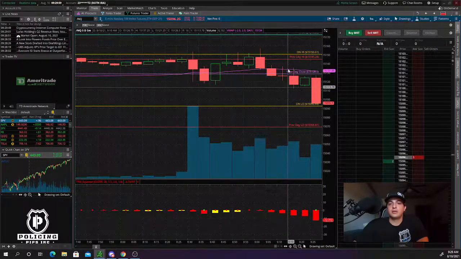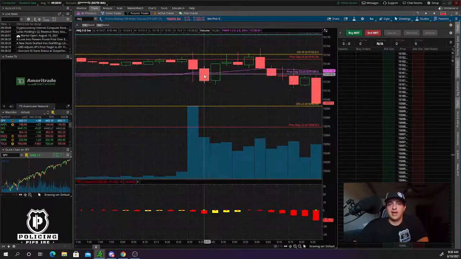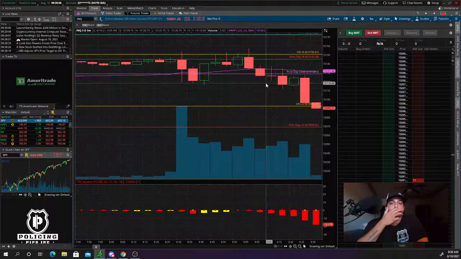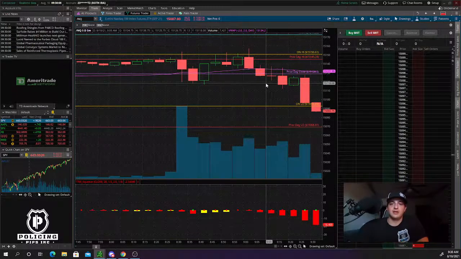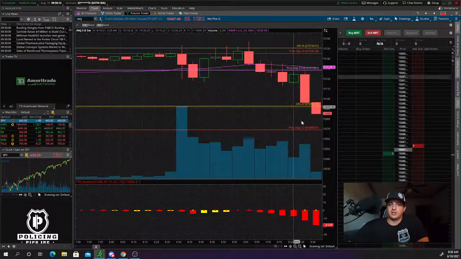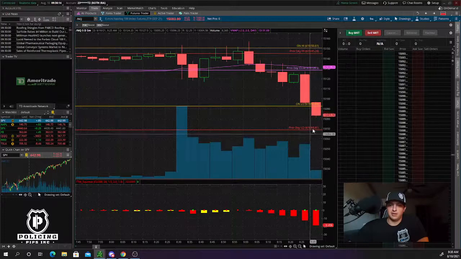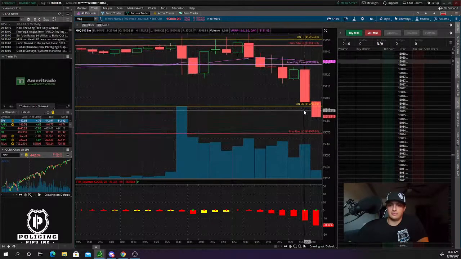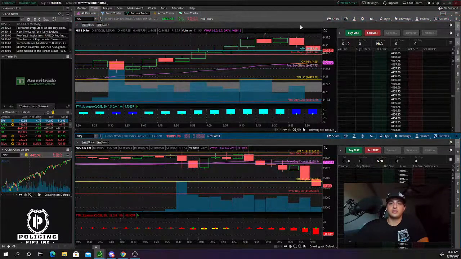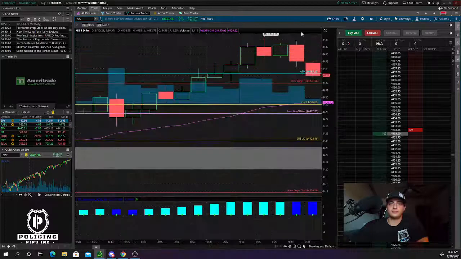Obviously, in hindsight, it's clearly a bearish trend here. Trying to catch a reversal was a bad idea. And you can see now we're just going to keep rolling over, probably down to that previous day low. Opportunity was there, just didn't catch it.